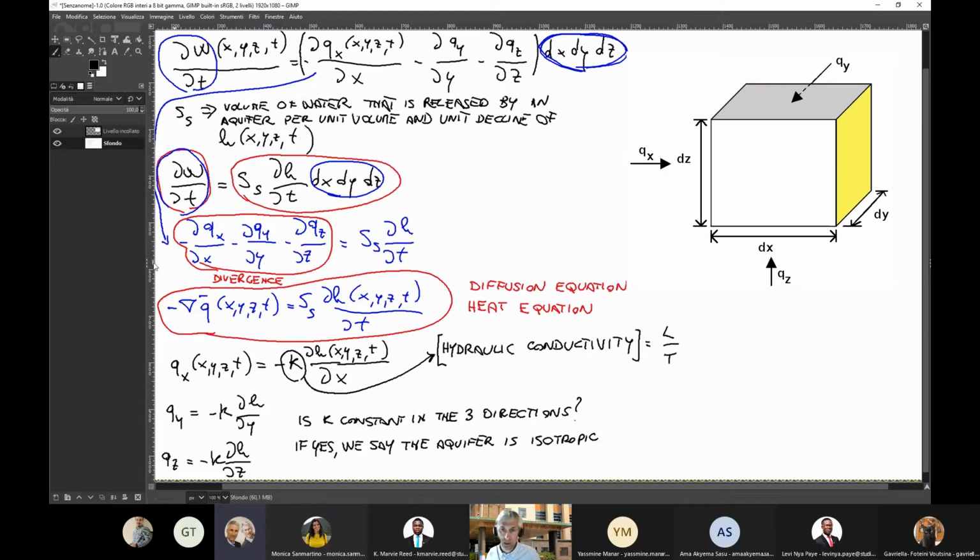Just let me check. I'm not sure if I write correctly in English. Let me see. Okay. One second. Because I don't remember the spelling. So yeah, isotropic, yes.